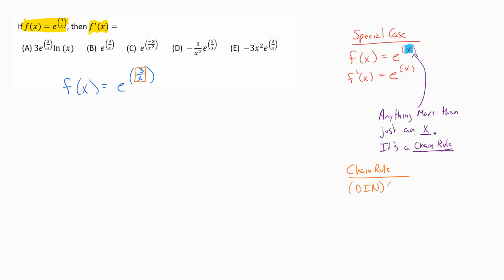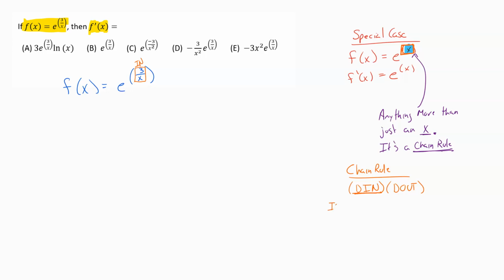So that means our primary rule we need to be running through is the chain rule. My chain rule recipe goes d in times d out. The d in is the derivative of whatever's inside that function. So whatever replaced that basic x up in the top of your equation here, that's your inside piece. The first thing we need to do is figure out what the derivative of that is.